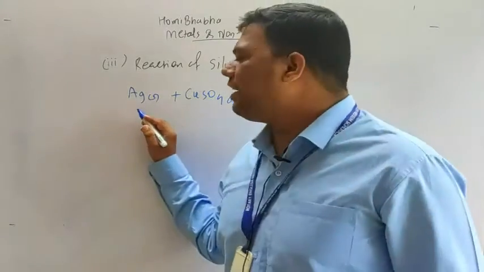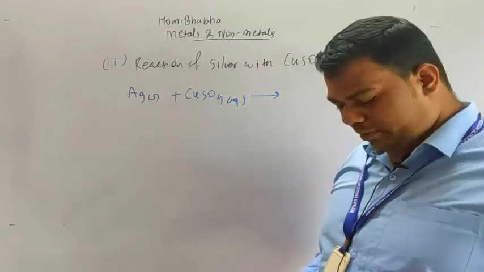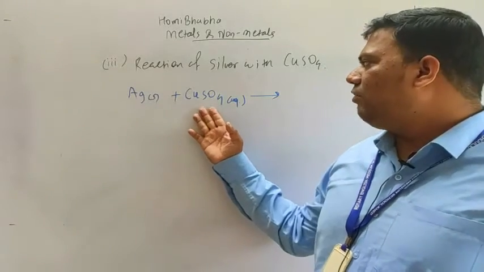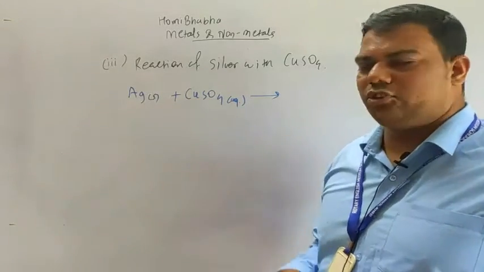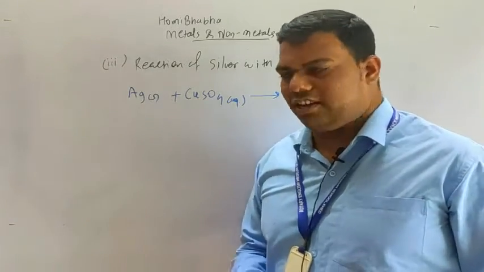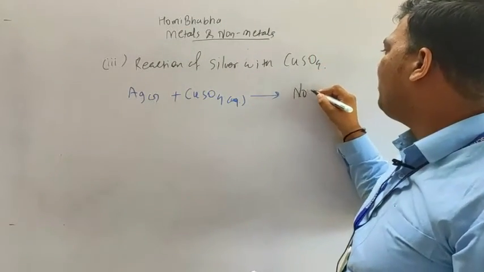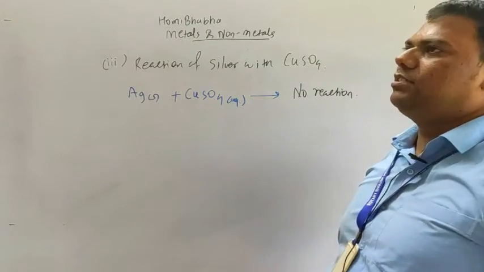Here silver would have to displace a more reactive metal, so it can't displace, according to our reactivity series. So what will happen here? No reaction. Keep this in mind.